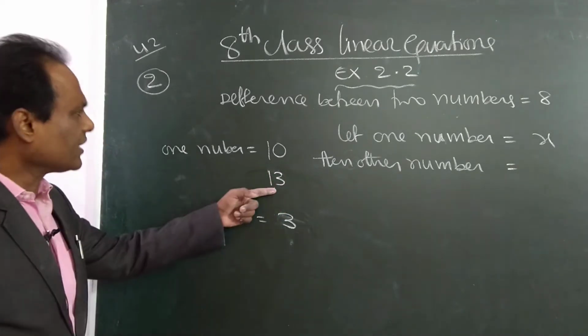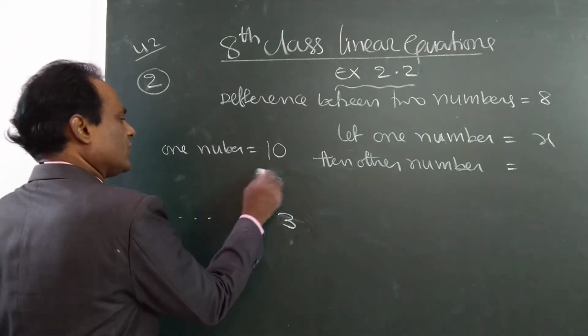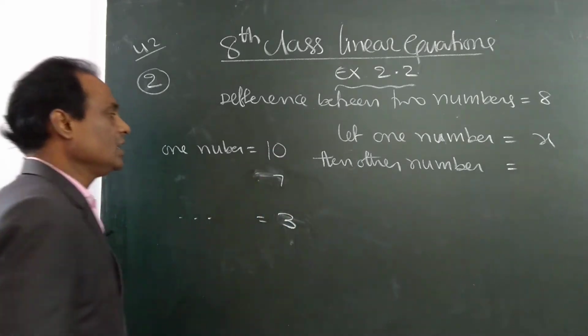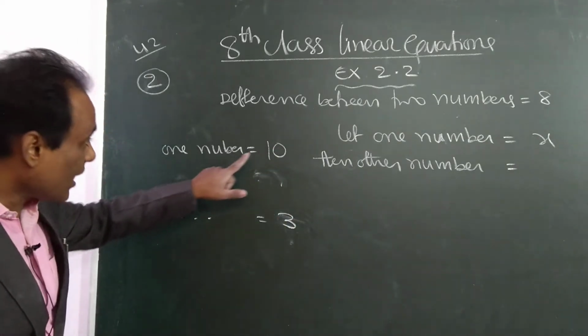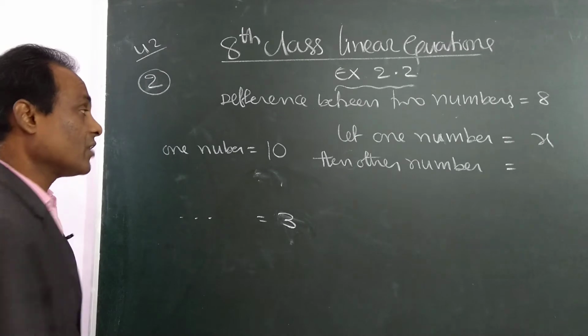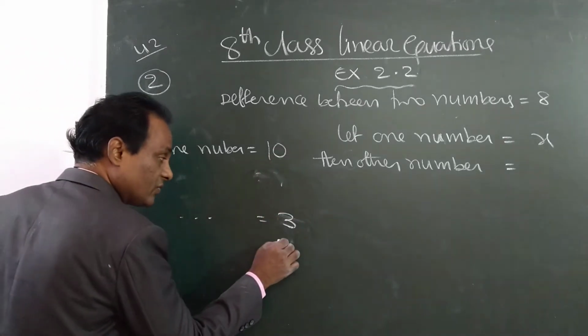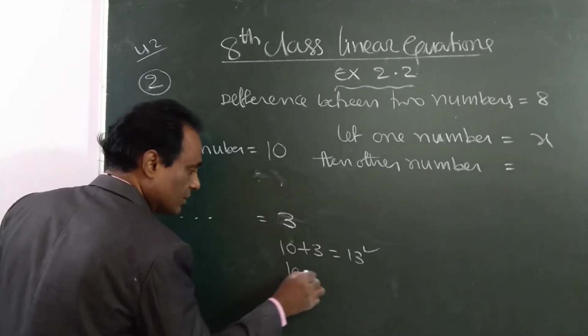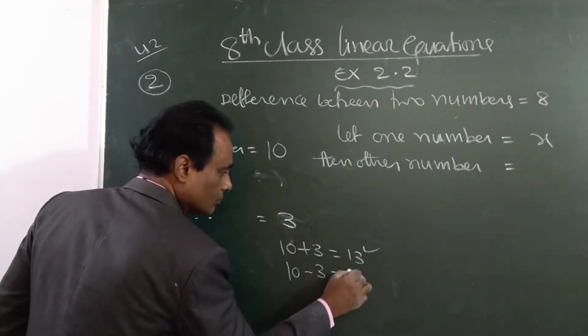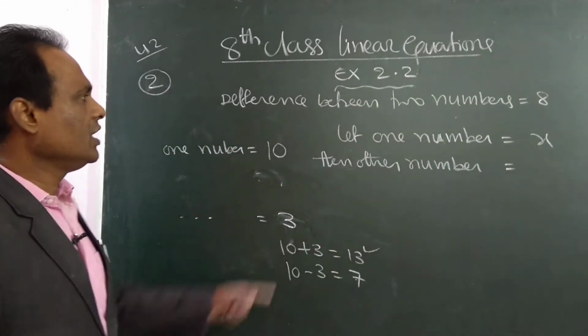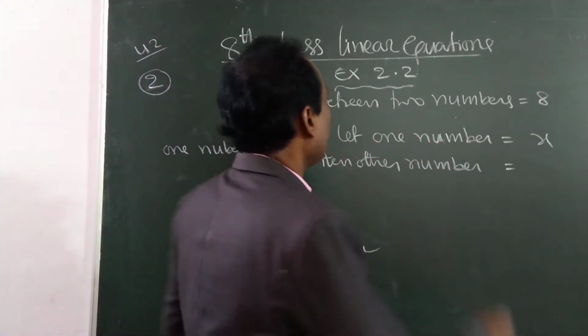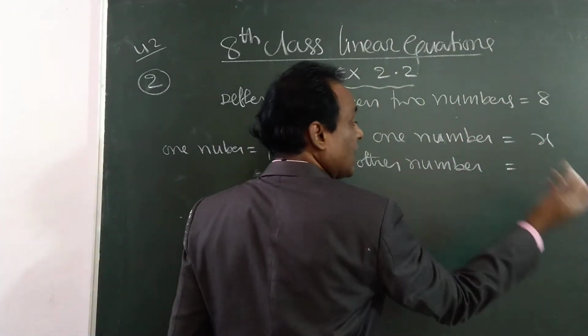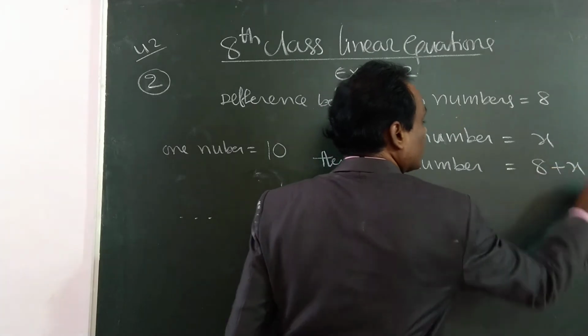Both are correct, because 13 minus 10 is 3, and 10 minus 7 is 3. So if one number is known, the other number we can get by adding this or by subtracting this. Both are correct. If one number is x and the difference is 8, the other number will be 8 plus x.